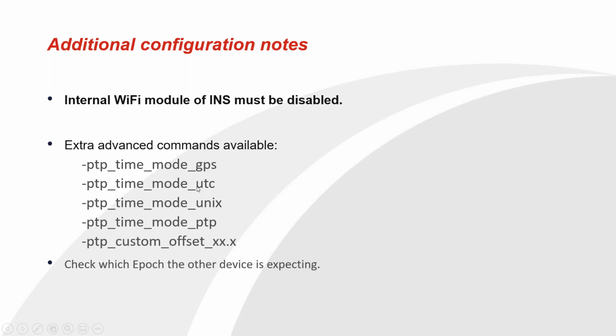You can also use a UTC time mode so that the leap seconds are also taken into account, and PTP also has its own epoch. So if your PTP device uses the PTP epoch, then you'll need to use that mode. It's just important to check which epoch the PTP slave is expecting, and then to use that.